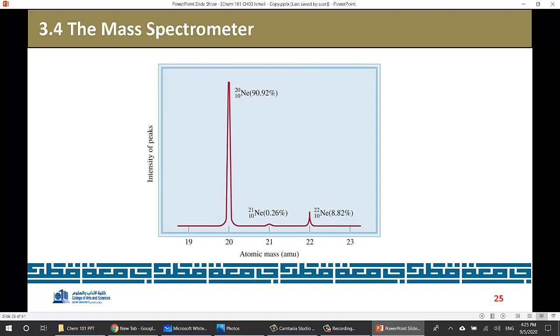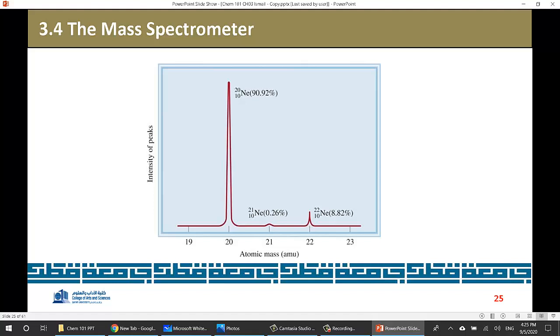That's for neon-20, which is one isotope of neon, and the height of the peak is almost 90.92%, so almost 90%. There's a small peak at 21, so that tells you that neon-21 is not that much in nature, and you have a smaller peak at 22. So neon-22 is 8.82%, almost 9%.